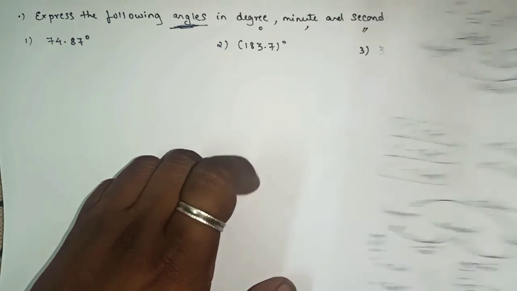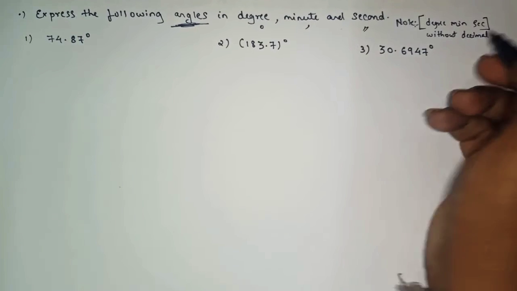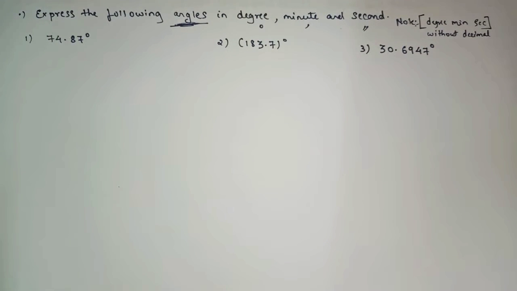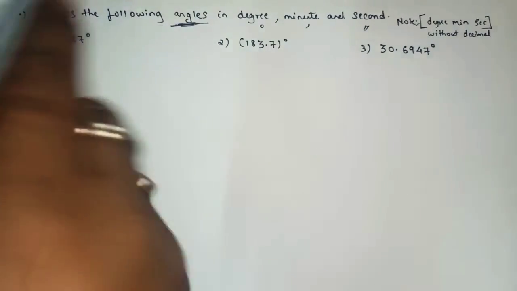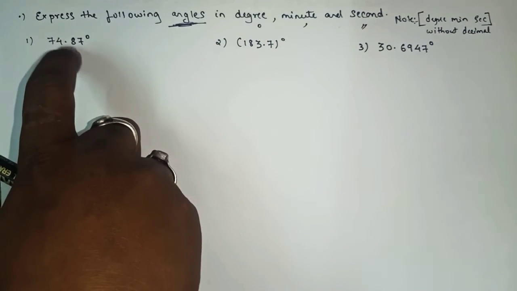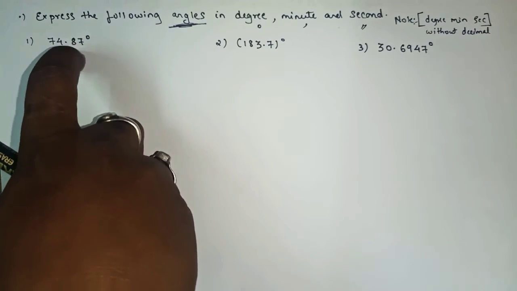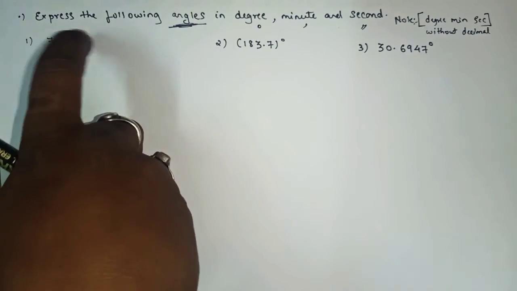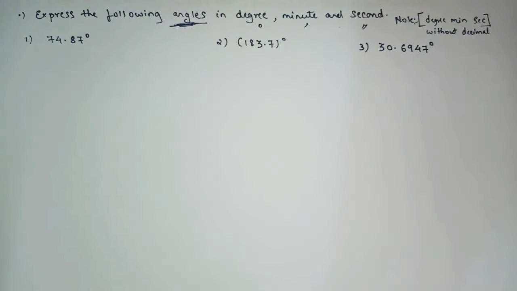Remember this: the final answer should be without decimal for everything, even the degree. As we can clearly see, in the question itself the degree value is in decimal, so we have to avoid the decimal. Whenever you convert the whole angle into degree, minute and second, the final answer should be without decimal. Remember this point.